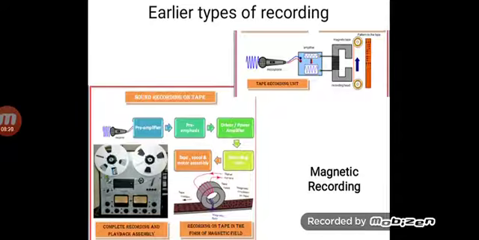So whenever you want to record a sound signal, you convert that sound signal into an audio signal. The process remains the same: apply the sound signal to a microphone, which converts it into an audio signal, process that audio signal, and then pass it to an assembly where that electrical signal is wound on a solenoid kind of structure, where the audio signal gets converted into a varying magnetic field.